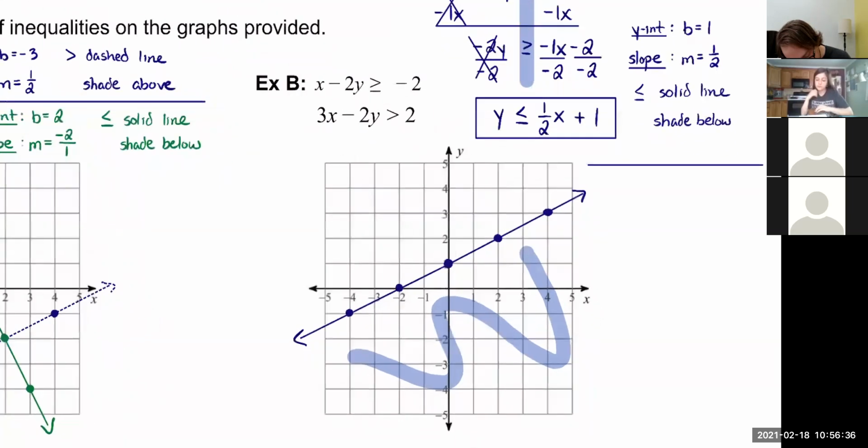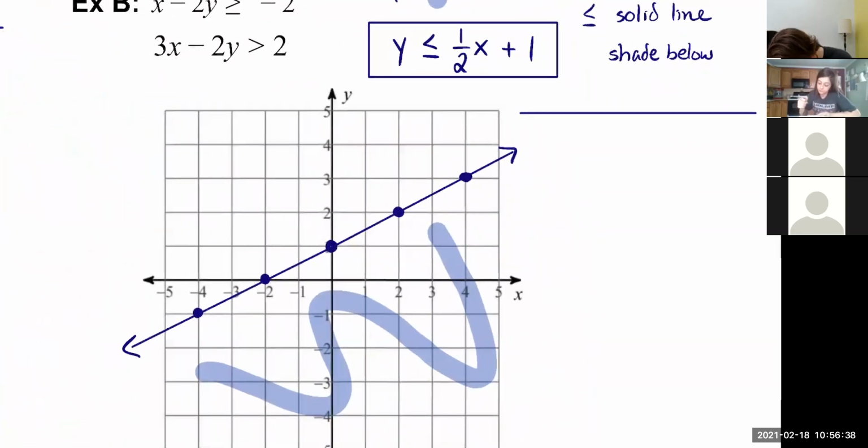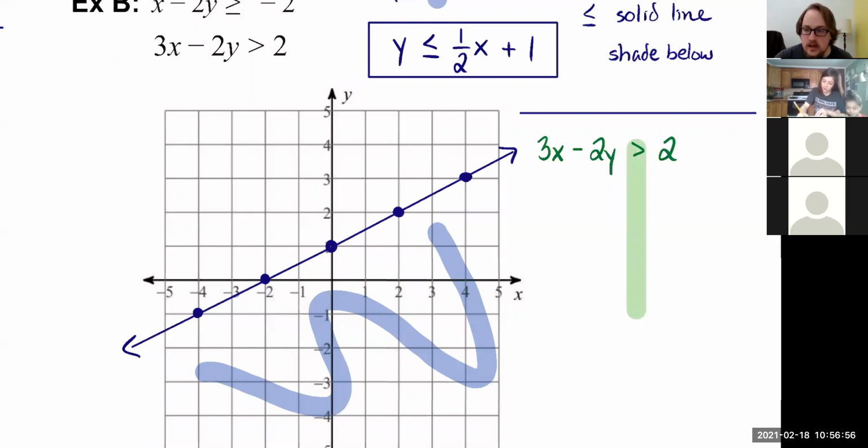And then I'm going to come over here, got a little space left over. I'm going to write down the bottom inequality, 3x minus 2y is greater than 2. And I'm going to work on getting that in slope-intercept form as well. So working to get that y by itself, I'm going to first subtract the 3x from both sides.